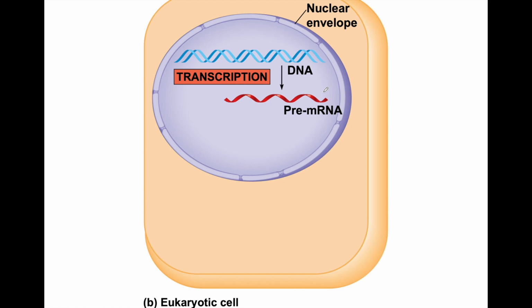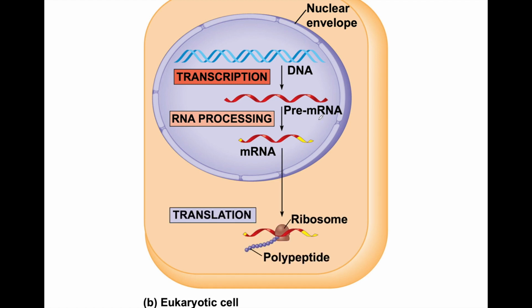Another thing that's different, besides the fact that we have a nucleus and prokaryotes don't, is that our mRNA, when we make it, is not actually ready to be used. So it's called pre-mRNA, or the primary mRNA transcript. Then we have to do a process called RNA processing to get the final mRNA transcript. Then the mRNA leaves the nucleus and goes into the cytoplasm, where it finds a ribosome.